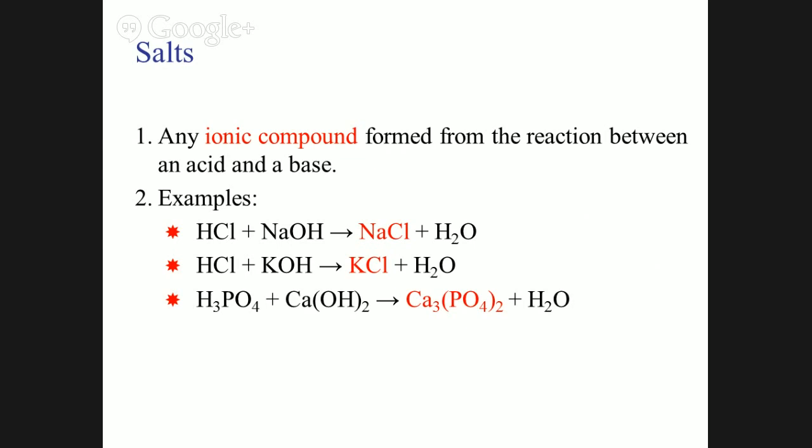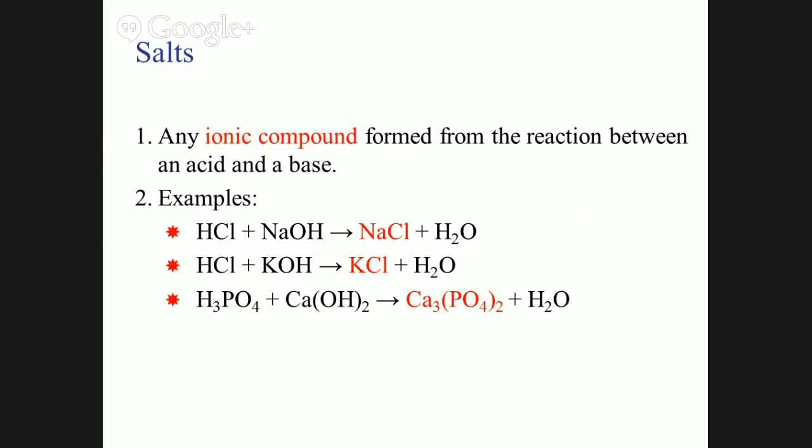You get a salt and you get water. Notice that in all three examples on the screen, you've got a salt, an ionic compound, NaCl, metal and nonmetal, KCl, metal and nonmetal, calcium phosphate, again, metal and nonmetals, and water.